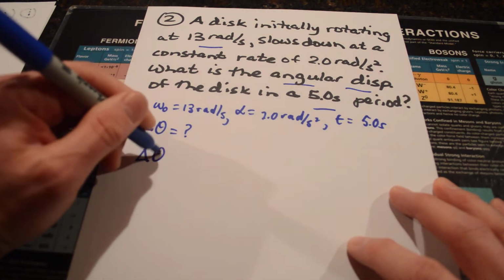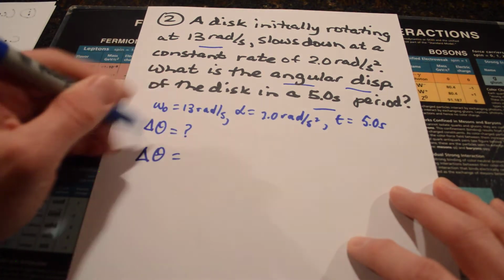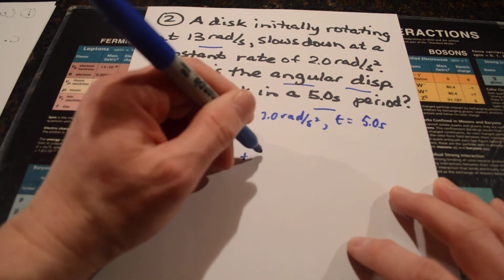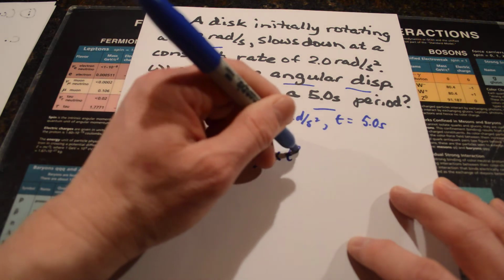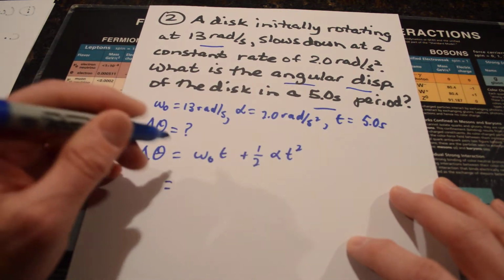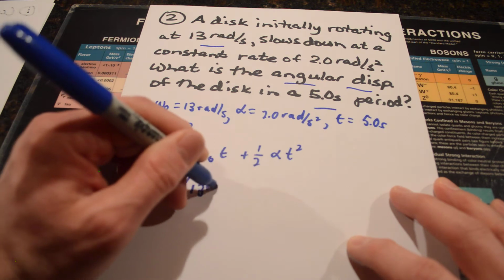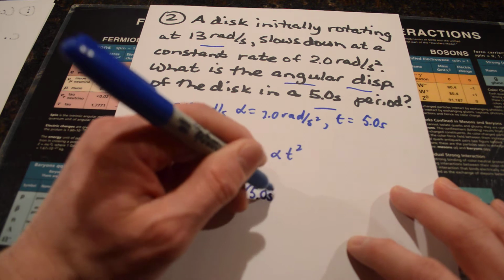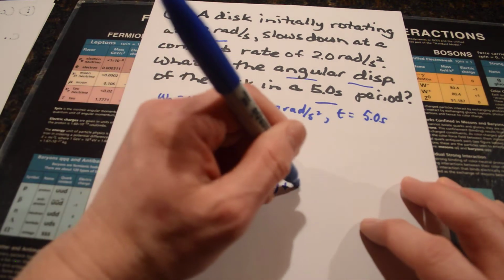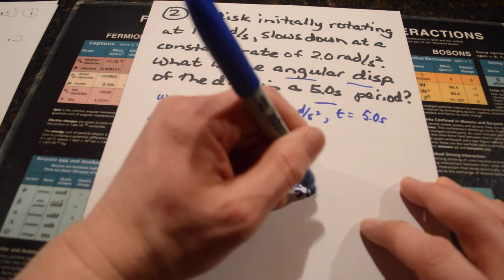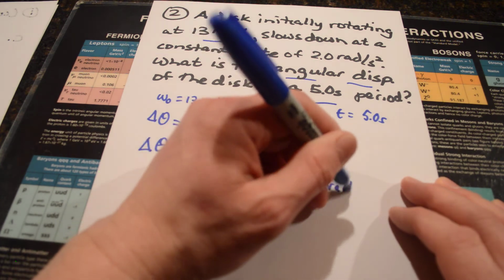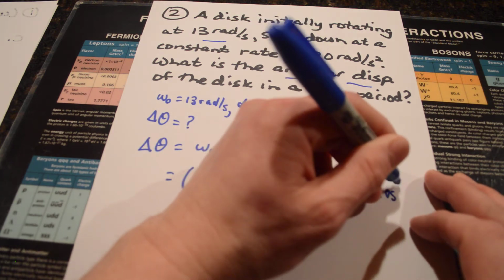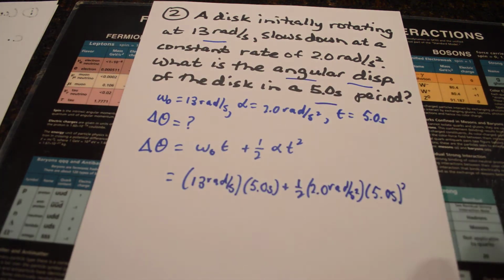I think I'm going to use the equation: angular displacement is the initial angular speed times time plus 1/2 angular acceleration times time squared. In this case, that's going to be 13 radians per second times 5 seconds. And then this is going to be 1/2 times 2 radians per second squared, and then we have the 5 seconds quantity squared.